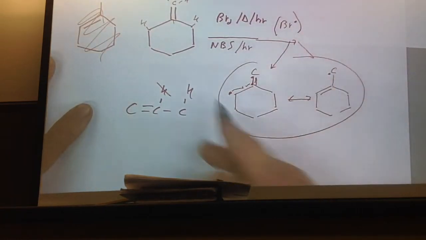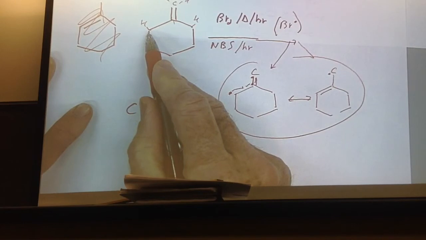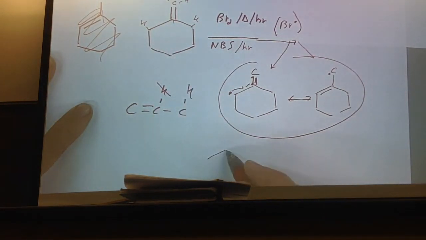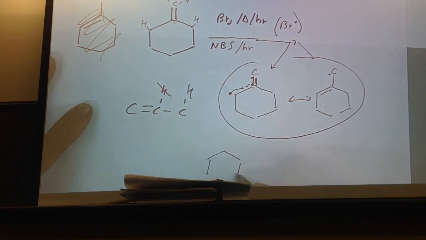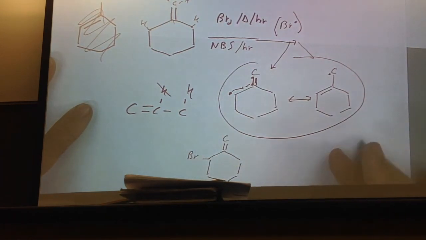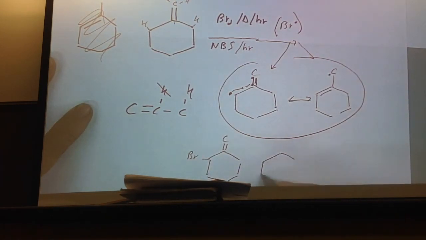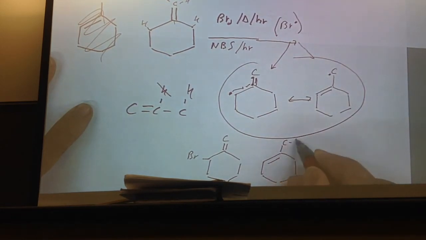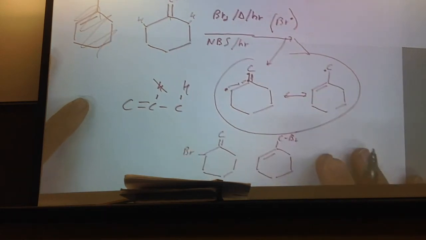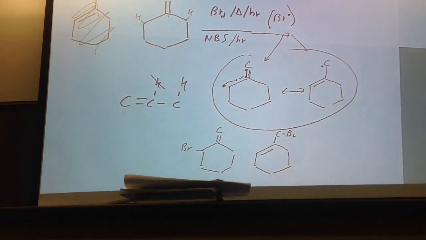So again, if you have allylic hydrogens, lots of times you're going to get two products. This would be one. And then the other one, the double bond moves to a different location. Take a look at that, because that can be confusing.